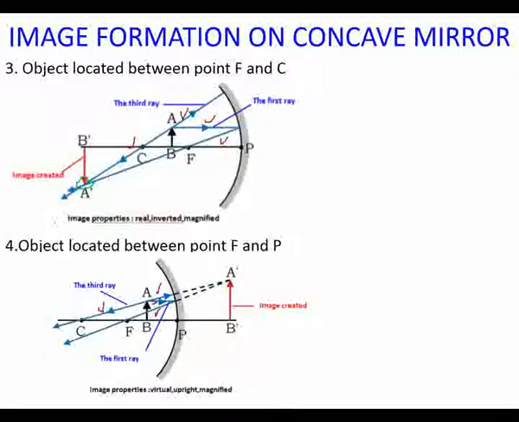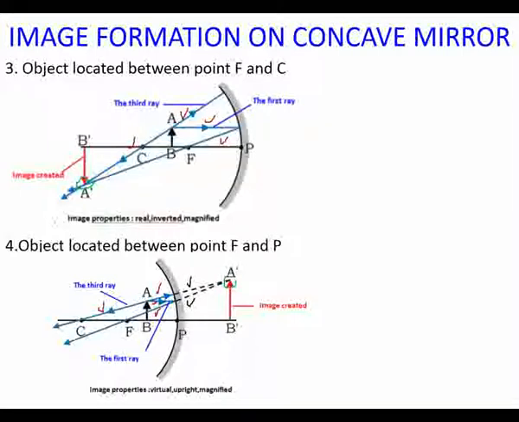From the figure we can see that the two reflected rays do not intersect each other. Because of that, the two reflected rays are extended behind the mirror. Here we can see that the two extended reflected rays intersect behind the mirror.